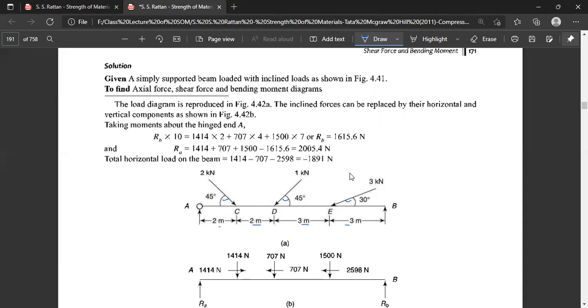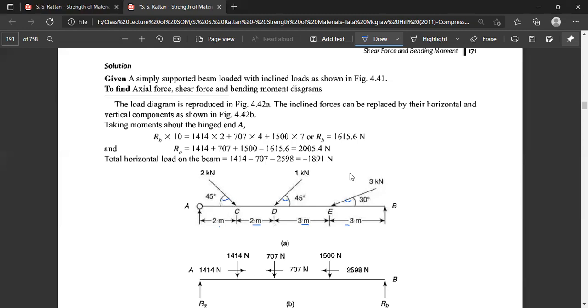Here we have RA with the hinge joint. At A there is a reaction in the vertical direction, and at B a reaction in the vertical direction. The load at C is at a 45 degree angle. If we resolve the 2 kilonewton multiplied by cos 45 degree, we have 1414 Newton in the horizontal direction and 1414 Newton in the vertical direction.